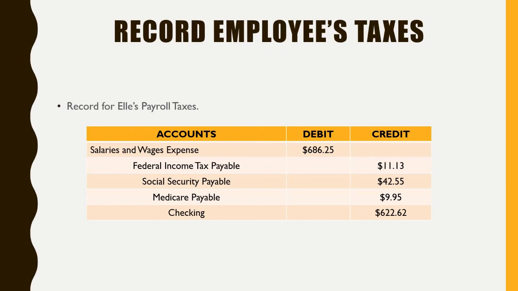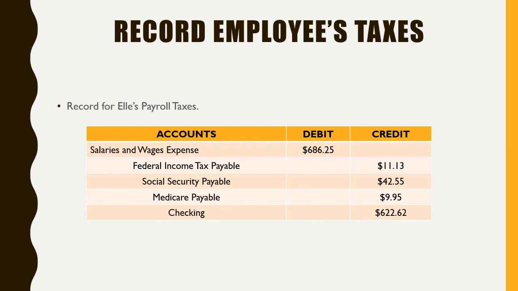So, federal income tax withholding is a liability, okay? Because you're collecting this money from the employee to pay the federal agency, right? They're not paying you. They're paying you to pay the federal government. Okay?